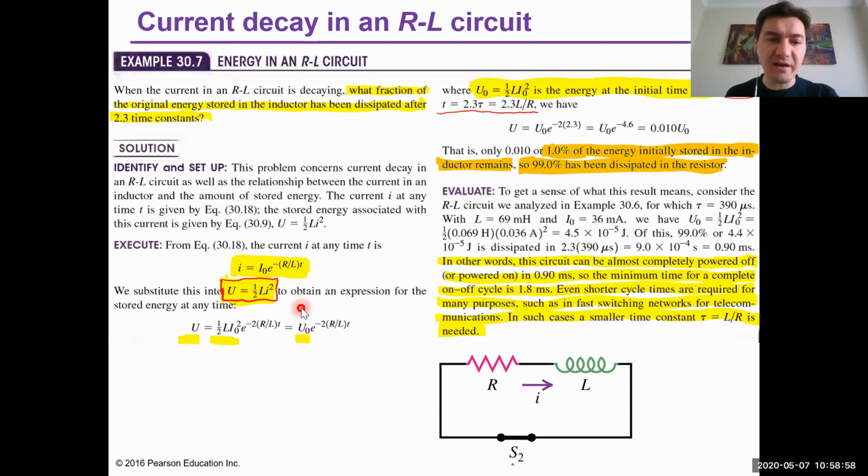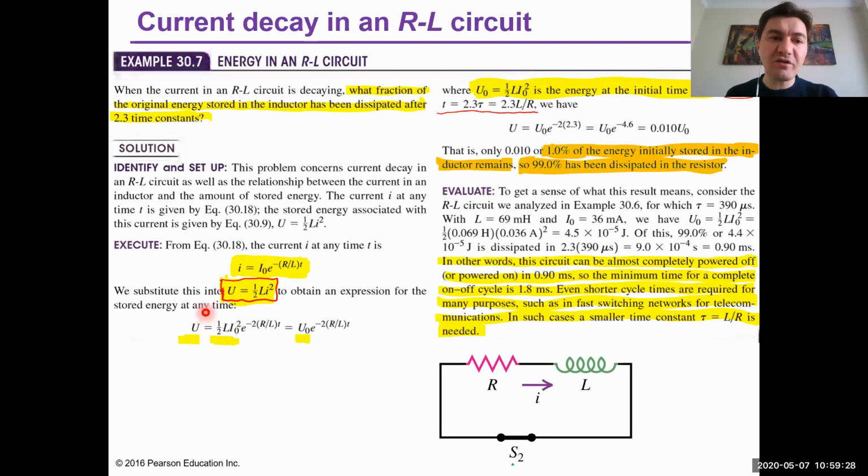Just put that I here, and then the energy in the inductor as a function of time can be written like this. What do you see here? We have I0 within that current. If you put this one here, we will have I0 squared here, then if I take this 1/2 L times I0 squared, look at this one.